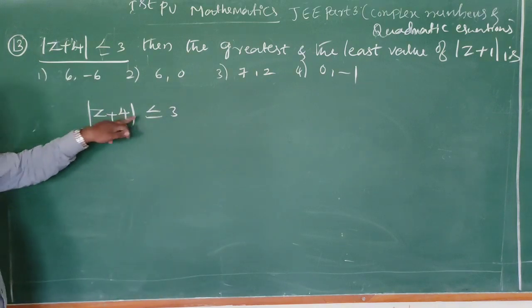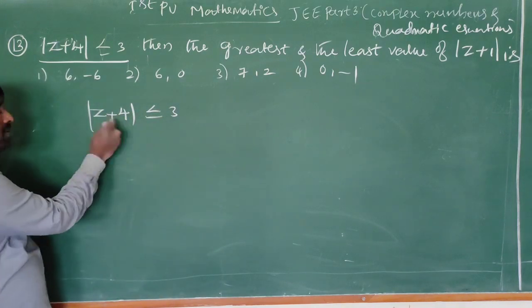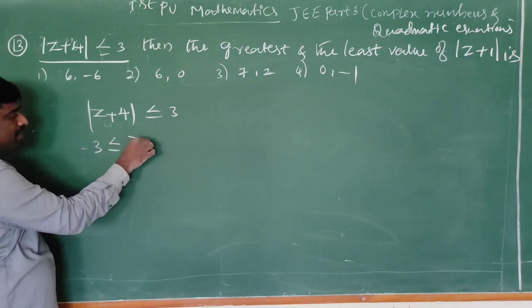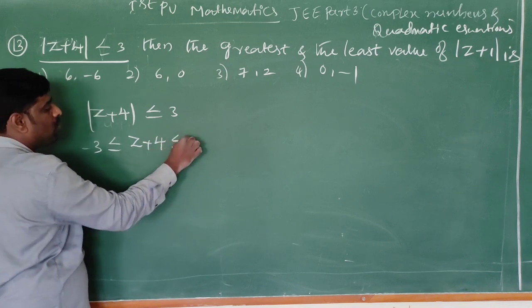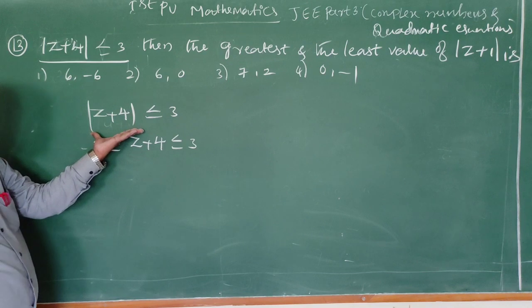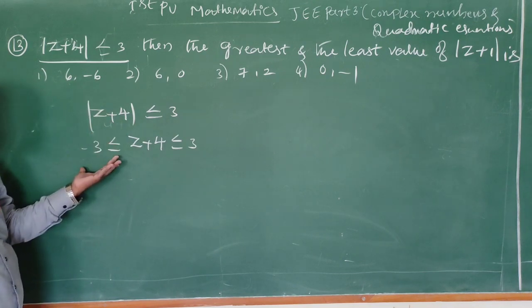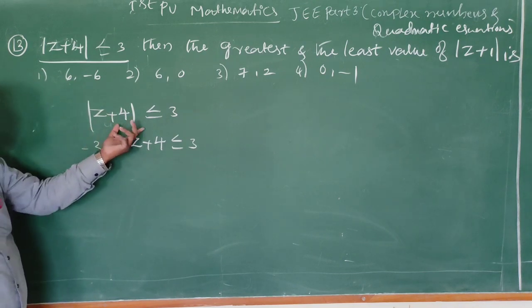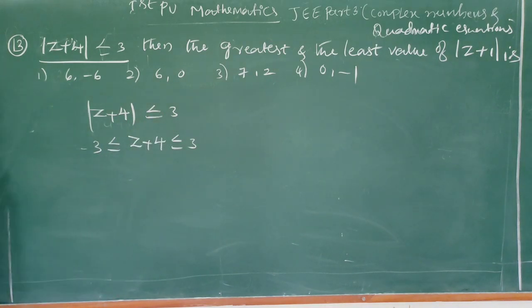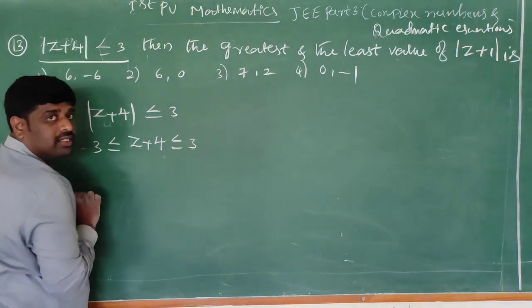When you eliminate modulus, this can be written as minus 3 less than or equal to z plus 4 less than or equal to 3. This means modulus of z plus 4 less than or equal to 3 is minus 3 less than or equal to z plus 4 less than or equal to 3.